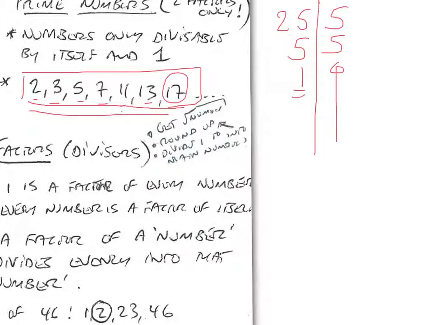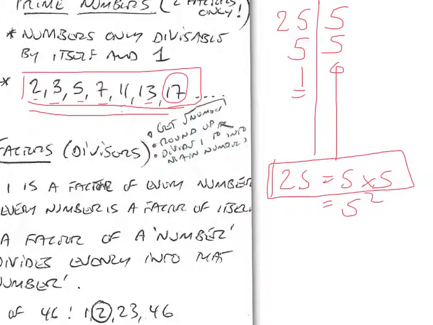So I can see that 25 is equal to 5 times 5, or 25 is equal to 5 squared. 25 represented as a product of its prime factors is 5 times 5.